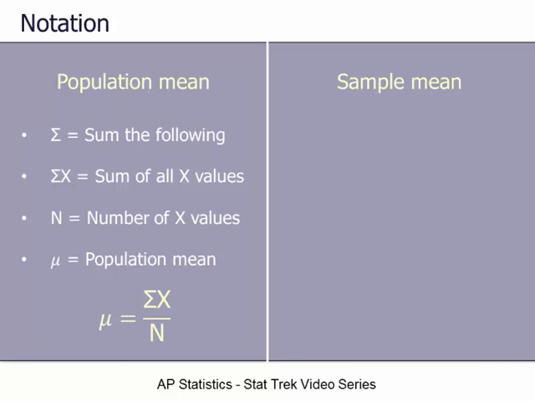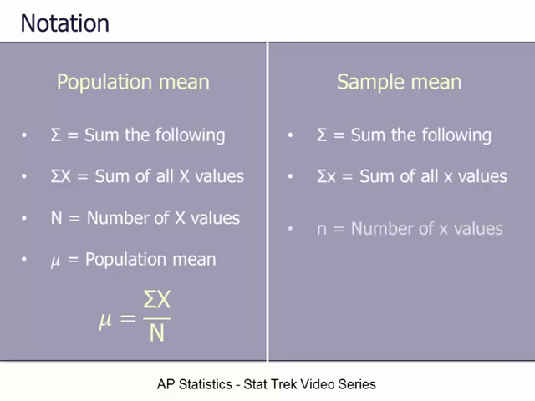number of population values. Notation for the sample mean uses the same uppercase sigma for summation. After that, things are similar but not exactly the same. The sum of all x values is denoted by sigma x, where x is lowercase.